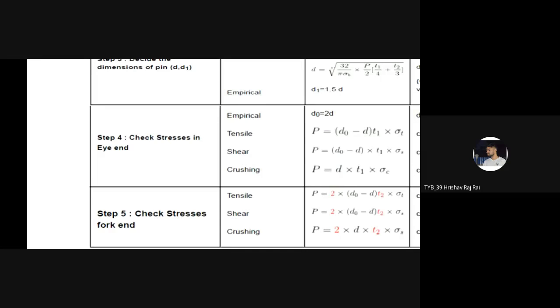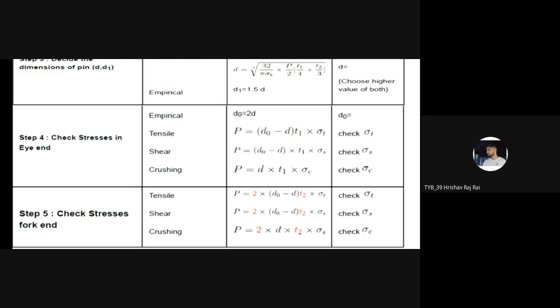That area is equal to 2 into DO minus D, where DO is the outer diameter of the fork eye, D is the inner diameter of the pin, and T2 is the thickness of one side of the fork. From this, we calculate the value of sigma T. If it is less than the design tensile stress value, we consider all dimensions safe.